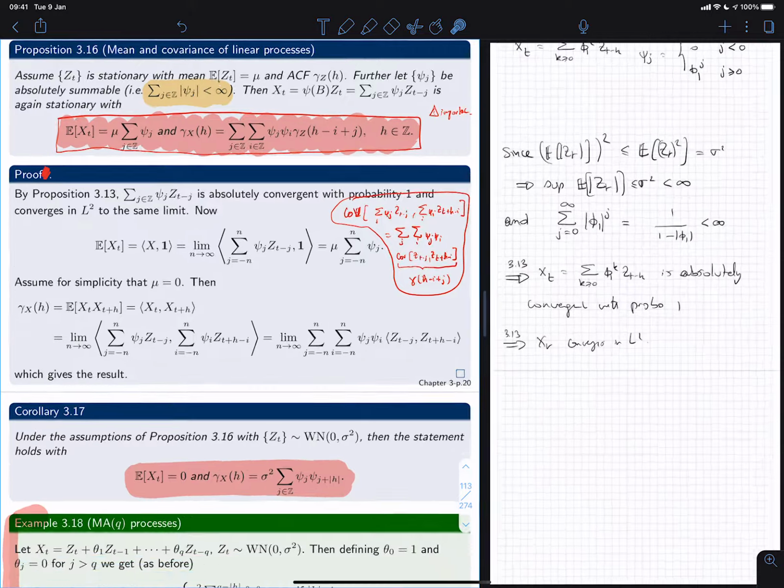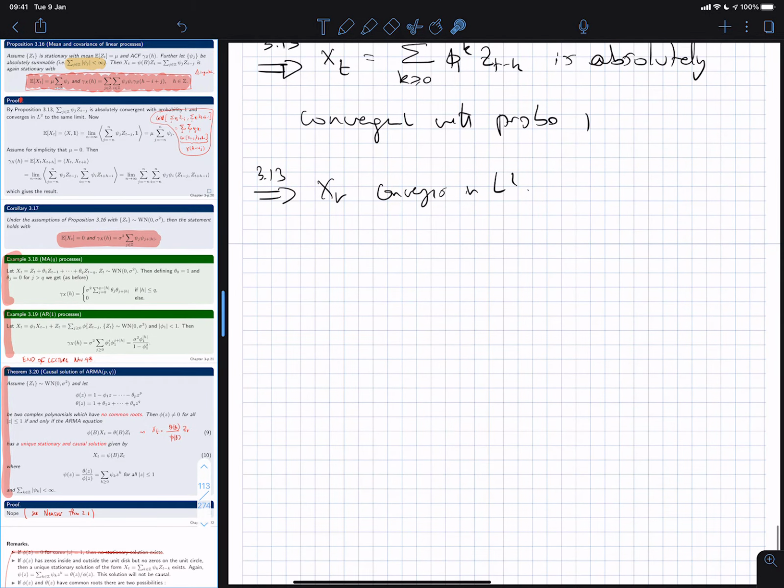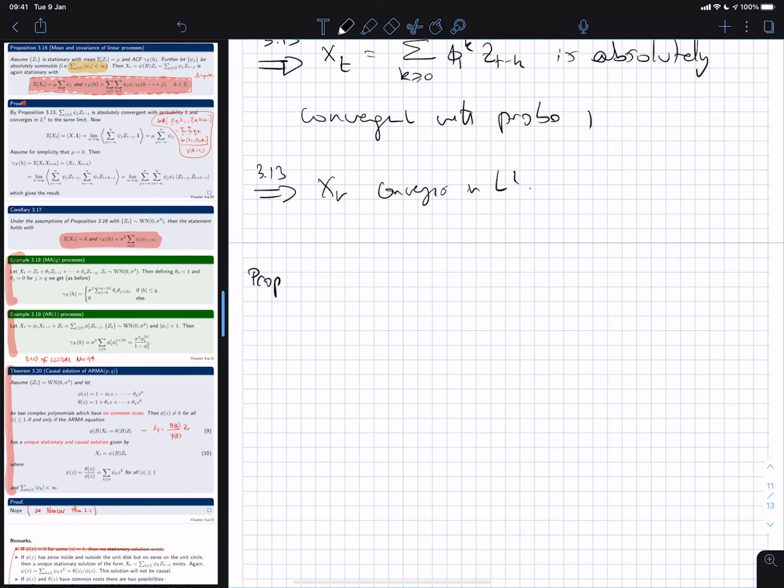Well, if we do it savagely, so proposition 3.16, if X_t is a combination of psi_j Z_{t-j}, then if I'm not checking the limits of the expectations, so if I'm not being careful, I can write this.